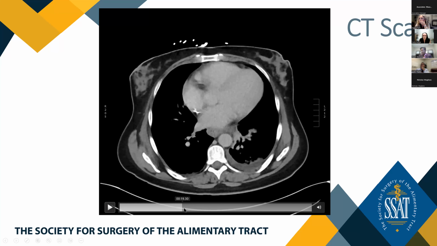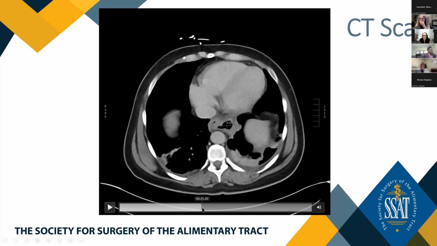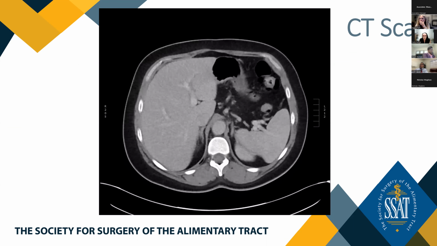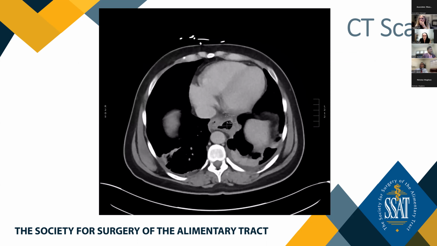And then as we continue to track down, there's the arrow sign. What is that we're looking at? Is that the GE junction? So here's stomach, GE junction, just proximal to the GE junction.